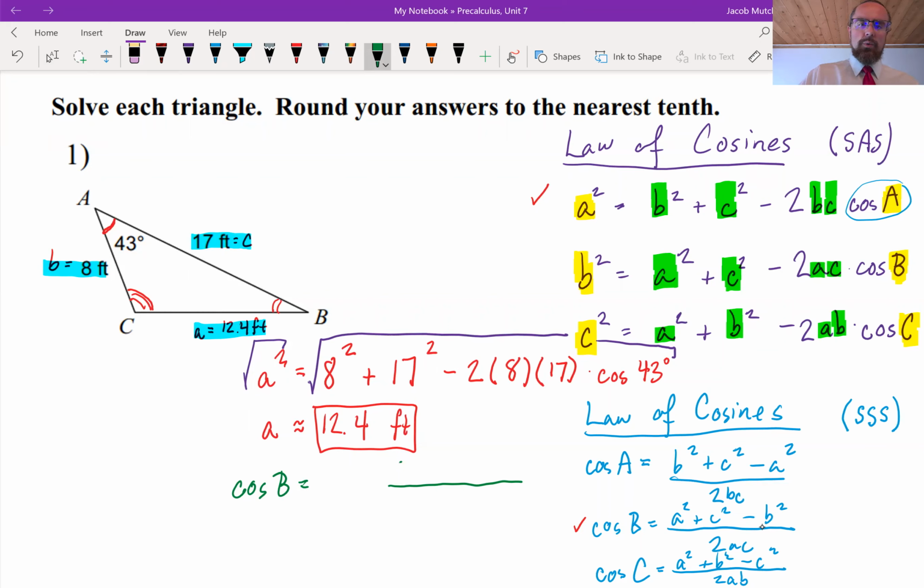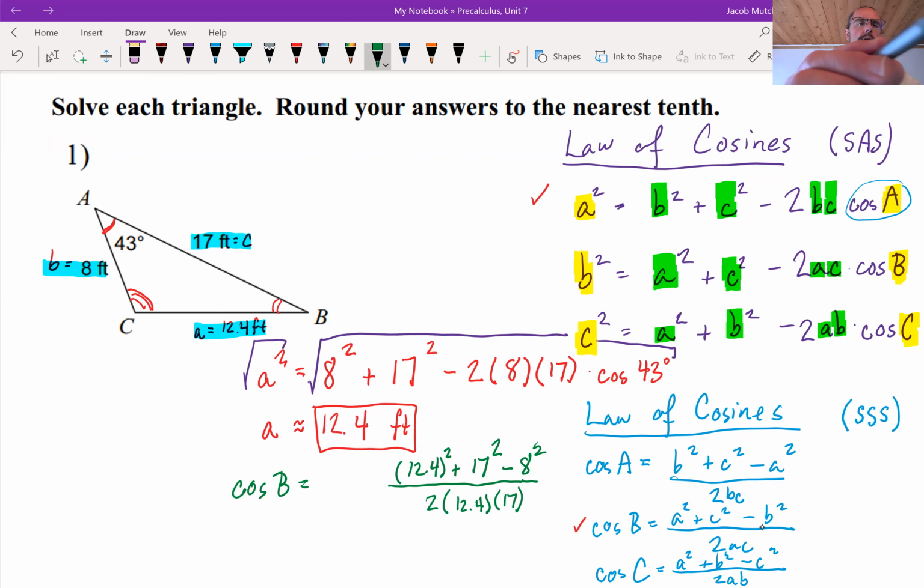So it's going to be A squared, that's 12.4, plus C squared, which is 17 squared, minus B squared is 8. And that's all over 2 times A times C. And that's going to be 12.4 and 17. So again, that's the setup if I wanted to know just cosine of angle B.